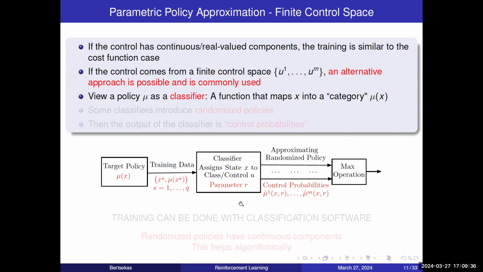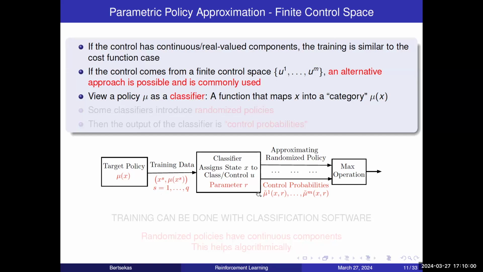If we look at this schematic illustration, given that we have a target policy we would like to approximate, either some given policy or the optimal policy we computed for a limited number of states, we collect a lot of training data, which are the x_s and mu of x_s pairs.